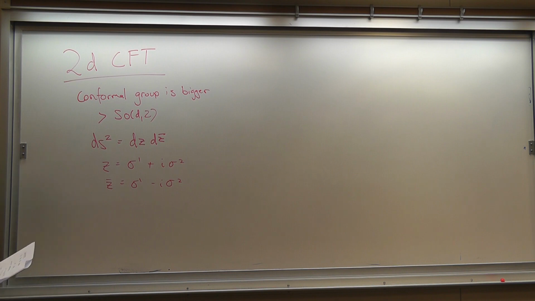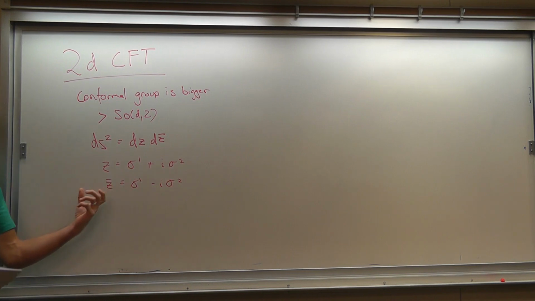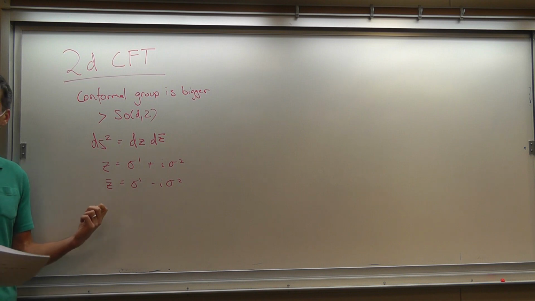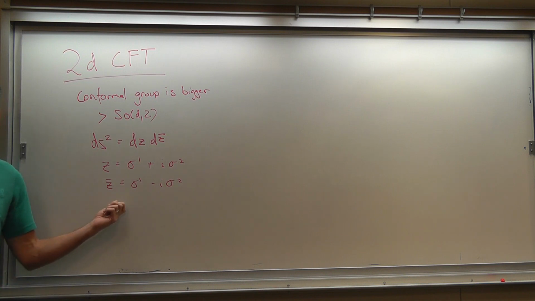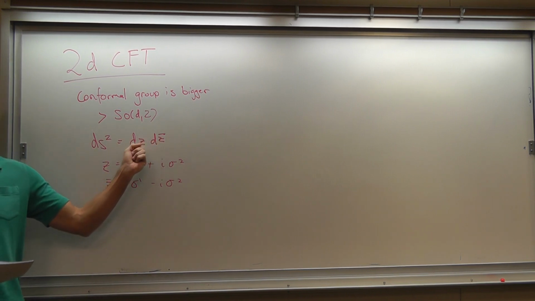And then you can either think of having these 2 real coordinates or 1 complex coordinate. A source of perpetual and never-ending and infinite confusion is that we are generally going to treat z and z bar as independent variables.